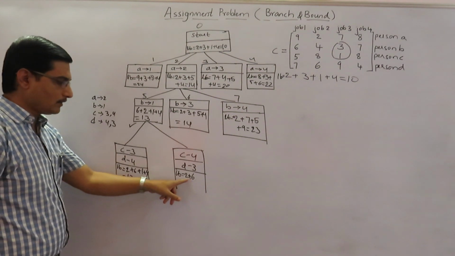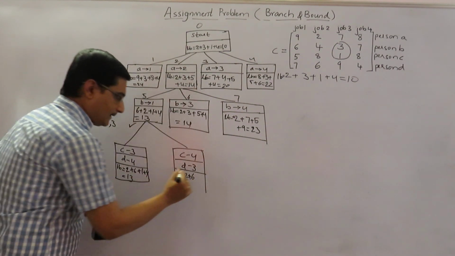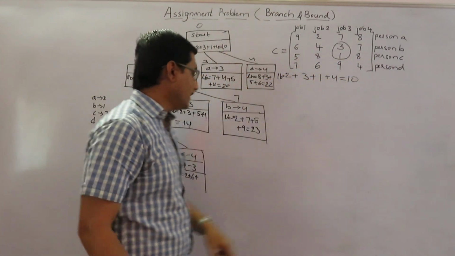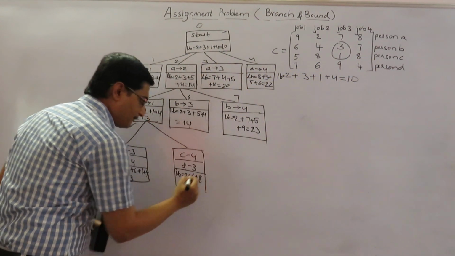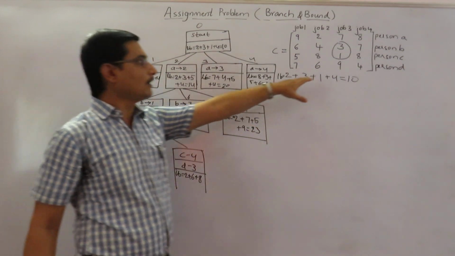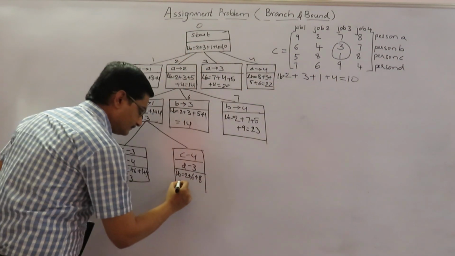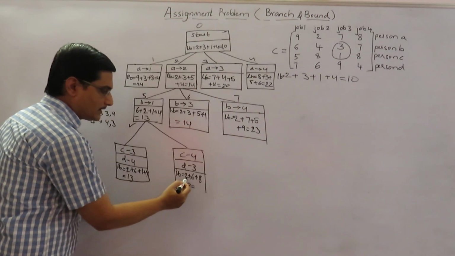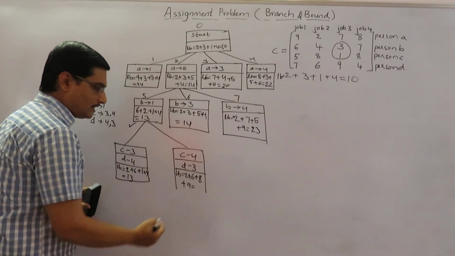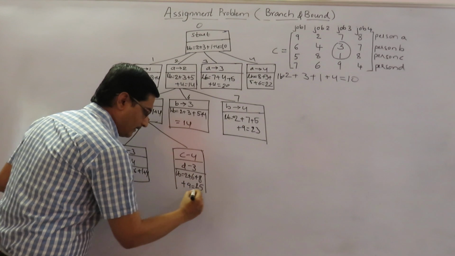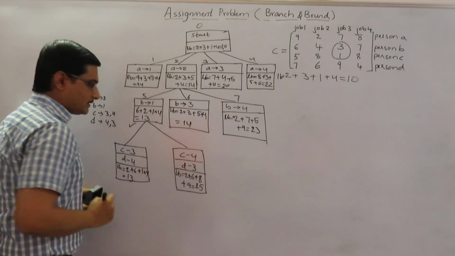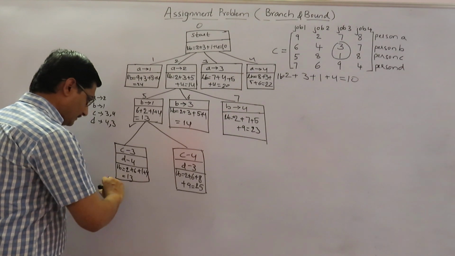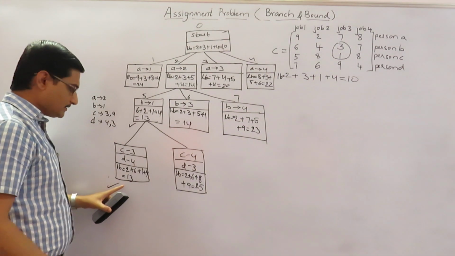Person C is getting job 4, the cost is 8, and person D is getting job 3, the cost is 9. So this will be equal to 6 plus 2 is 8, 8 plus 8 is 16 plus 9 is 25. See that this is too high, and still we are getting 13, which is the least cost.